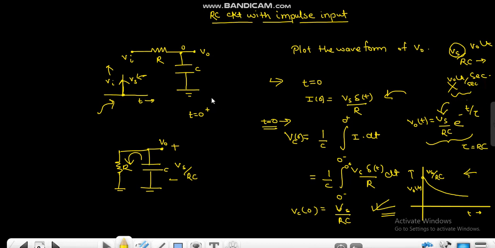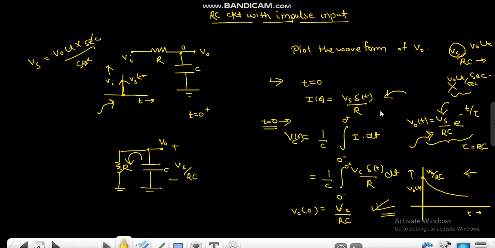No, I have already told you that this Vs is not the magnitude. This Vs is the area, from the property of the impulse signal. So Vs is already volt into second, and now we have divided it by Rc, which is second, so it is volt only. So this Vs by Rc shows the unit of volt only.